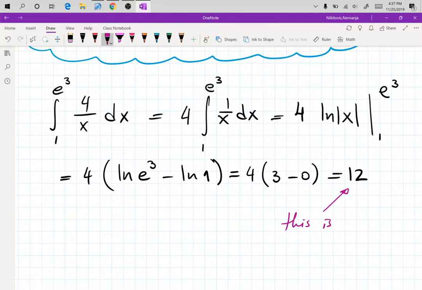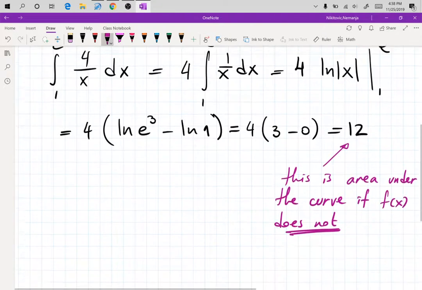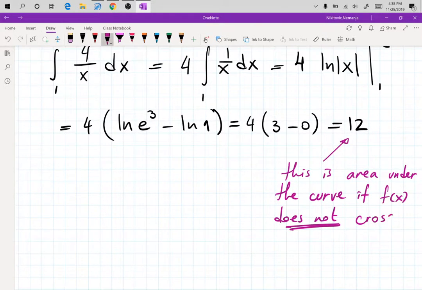This is the area under the curve if f of x does not cross under the x-axis.